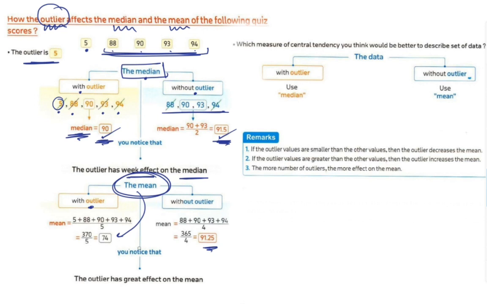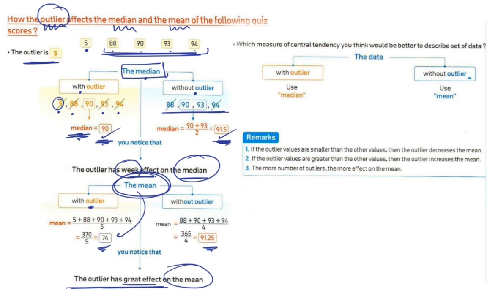So the mean in the first case is 74 and in the second case 91.25. That means the outlier has a great effect on the mean. So the median has no effect or just a weak effect, but for the mean it's a great effect.